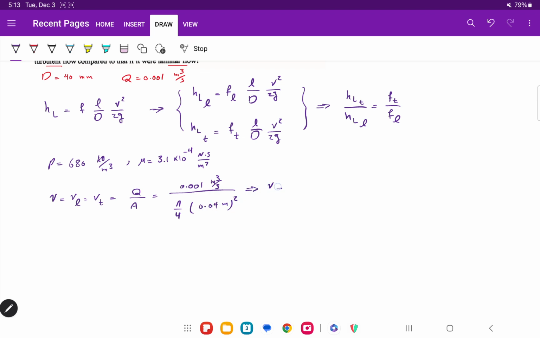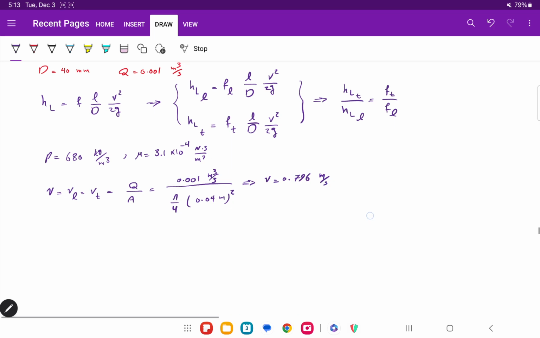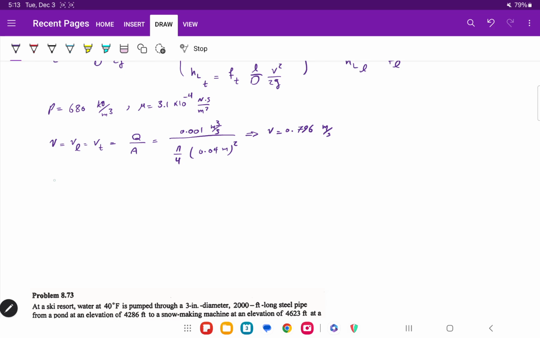So V equals 0.796 meters per second. So now we can calculate Reynolds number, which is equal to rho V D over mu. You know velocity, diameter, and the density and viscosity. So it's equal to 6.98 × 10^4.